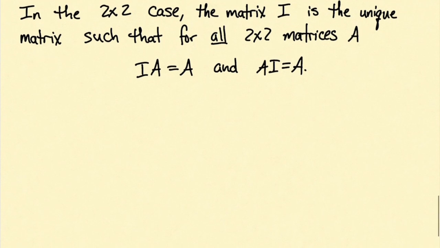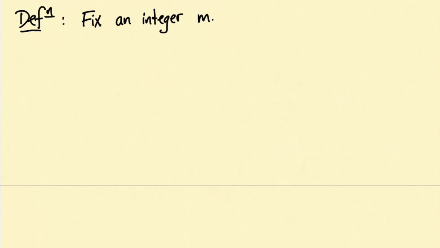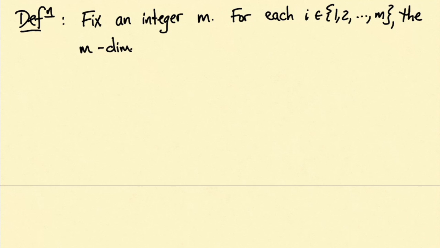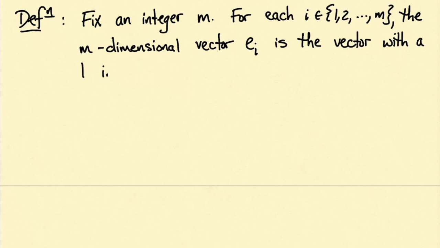Now, if we want to think about matrices which have larger dimensions, then we need an analog of these two special vectors E1 and E2. We make the following definition. Fix an integer m. For each number i between 1 and m, the m-dimensional vector Ei is the vector with a 1 in row i and a 0 in every other row.